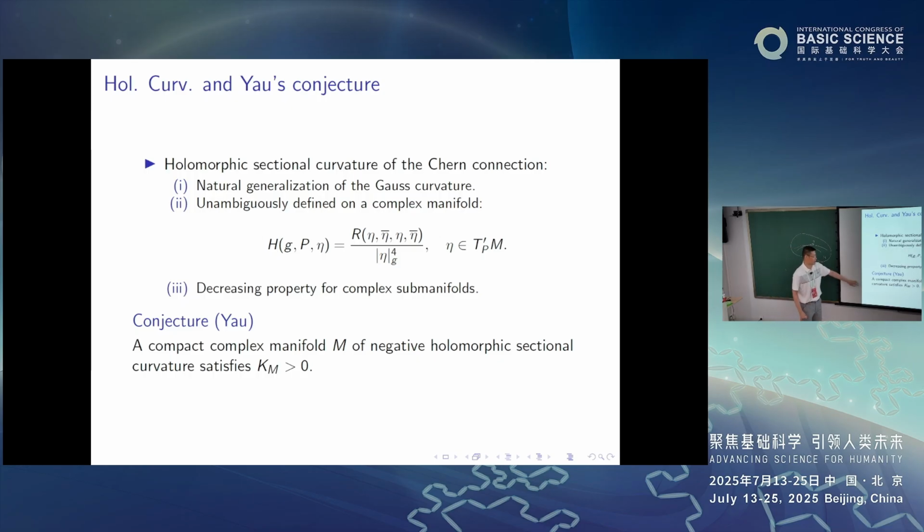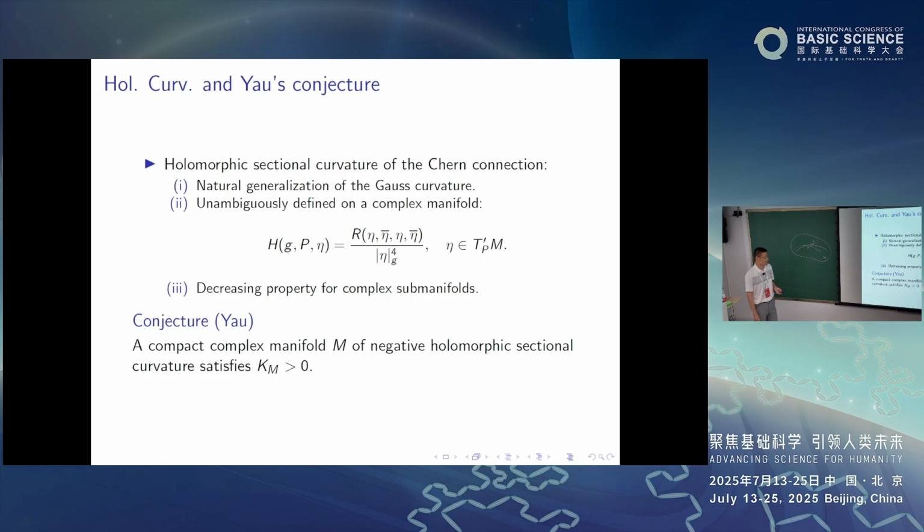Now the conjecture is that if a compact complex manifold has negative holomorphic sectional curvature, then the canonical bundle should be positive. That's Yau's conjecture. Again, the previous one is about the projective case, then it was extended to Kähler. What about general complex manifolds?